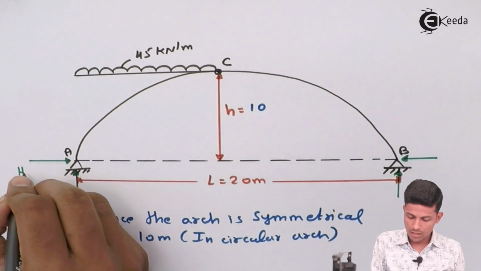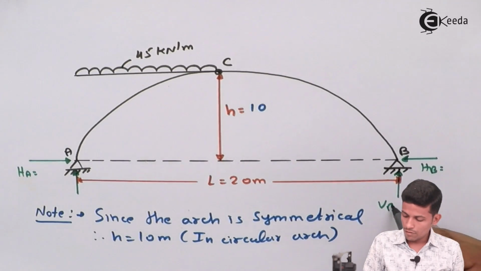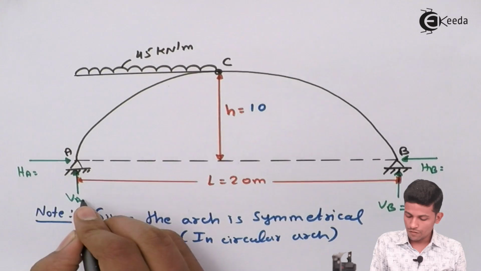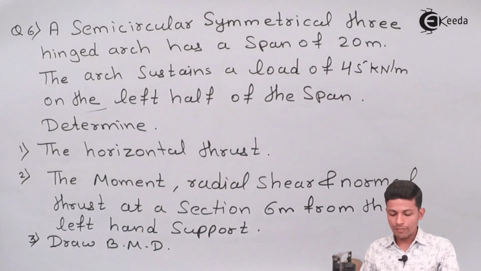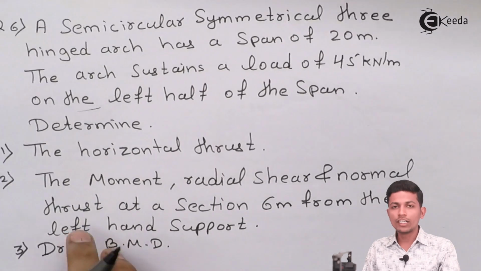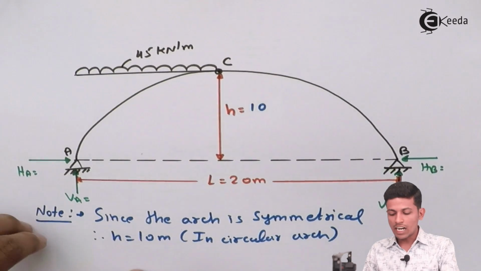This is HA, HB, VB, VA. Now see friends, our first step is to find the horizontal thrust. While finding the horizontal thrust, first we have to find the reactions. So let's start with the solution now.